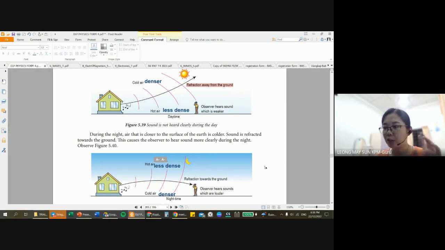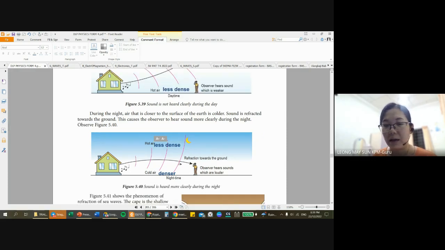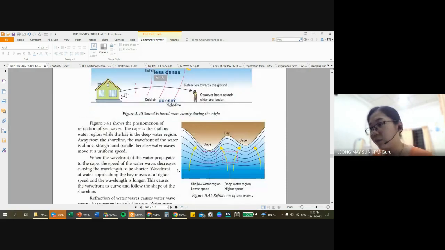But when the temperature is colder, when the sun is not there, it's starting to rain already, you can actually hear the kids' sounds, the baby sounds. So the reason is that the sound wave is being refracted, moving through either hot air or cold air. All right, I hope this explanation tells you how sound actually refracts.